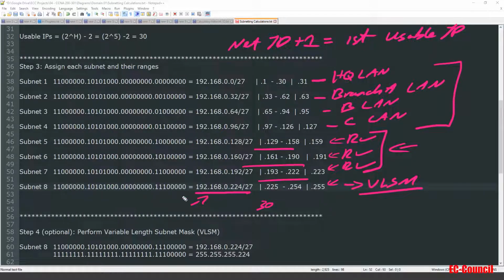However, this last network, we'll be breaking this down even further. So once we subnet this last network, the entire subnet mask and everything is going to change. Now this here is part 4, which is called performing variable length subnet mask. So let's take a look at actually doing this action.